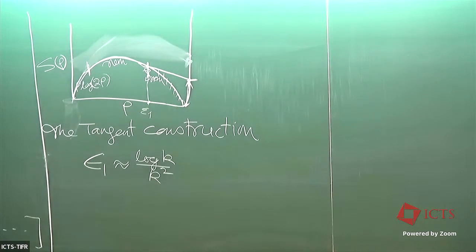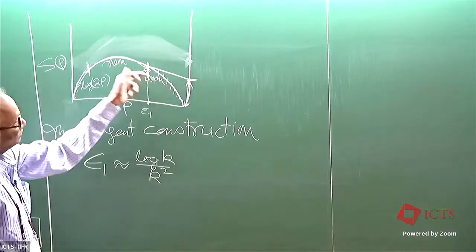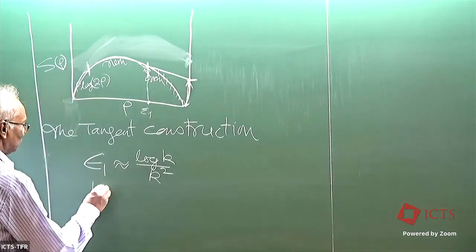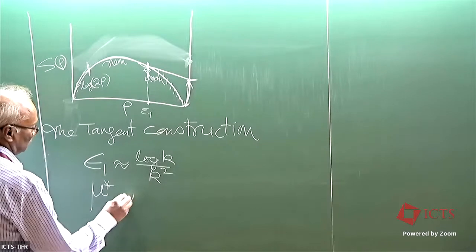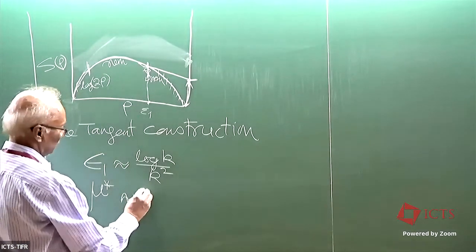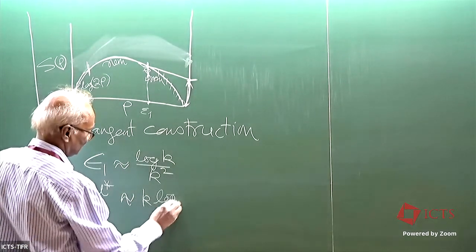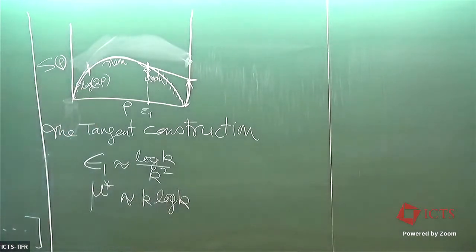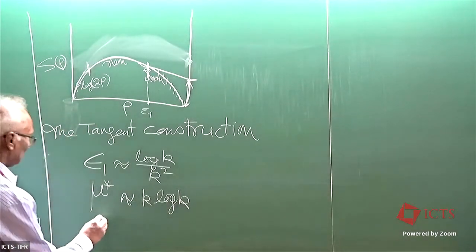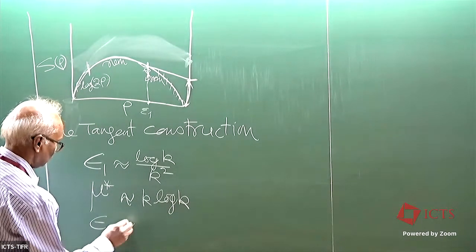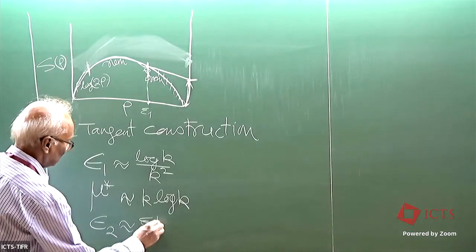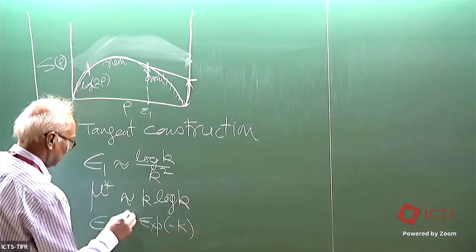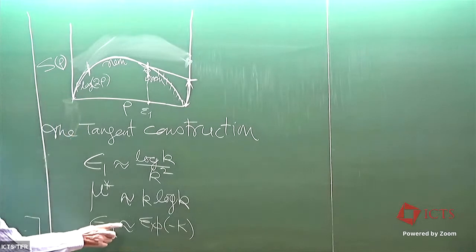So this construction is pretty good, not exact. And the slope of this curve gives you the chemical potential at the transition, which is k log k. And epsilon 2 is exponential minus k of this, maybe only one wiggle.